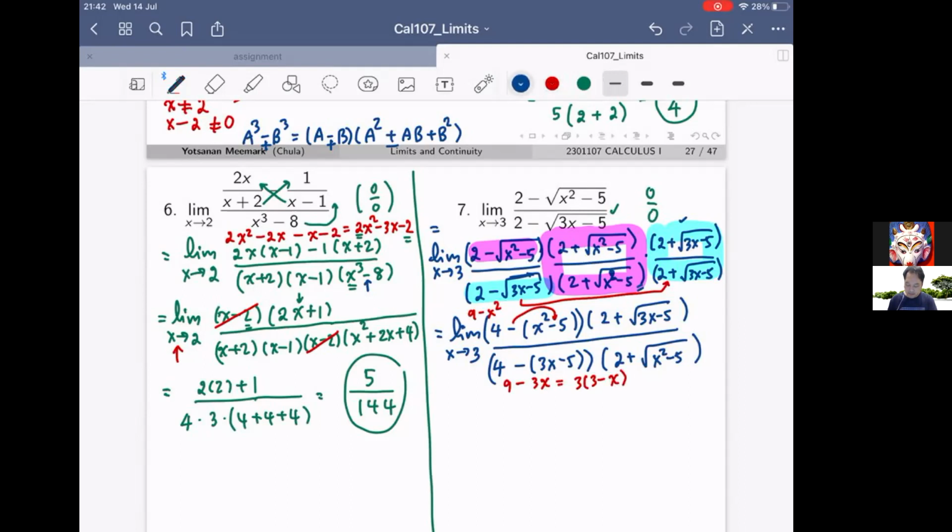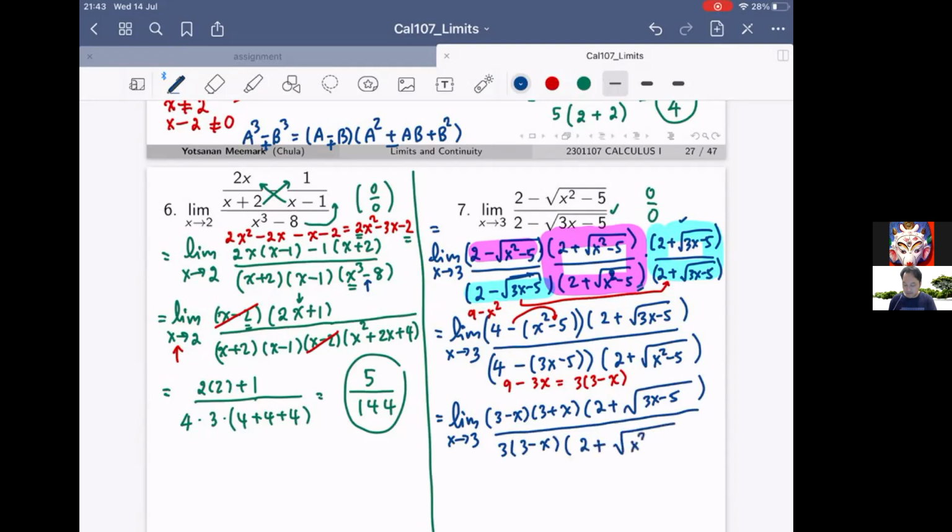So you need to manipulate a little bit more, because 9 minus x squared is just 3 minus x, 3 plus x. This was 2 plus square root, just copy over. This one is a 3 minus x, and then 2 plus a square root of x squared minus 5.